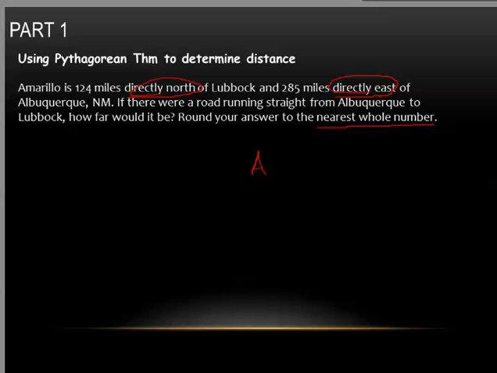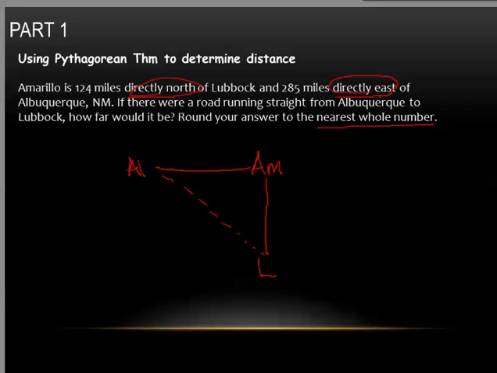So I've got Amarillo, and it says that Amarillo is directly north of Lubbock, and directly east of Albuquerque. What they're wanting to know is the length of that dashed line.